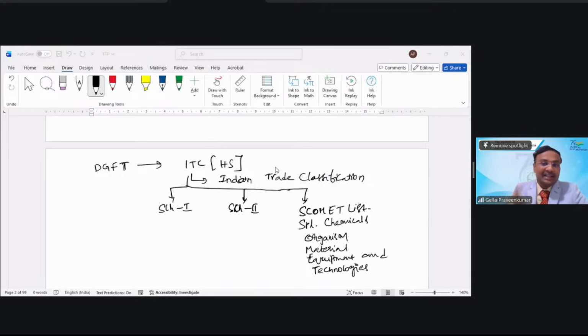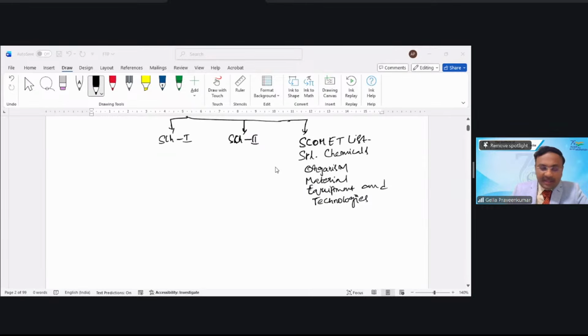Now, this is where science comes into play. Even the policy regulators have a major role to play. This is where my DGFT says that I regulate. How do I regulate? In general, all imports and exports are free unless regulated.